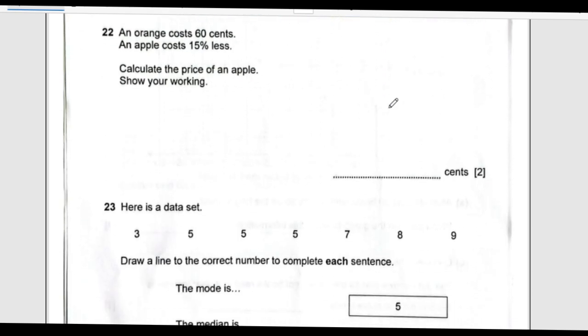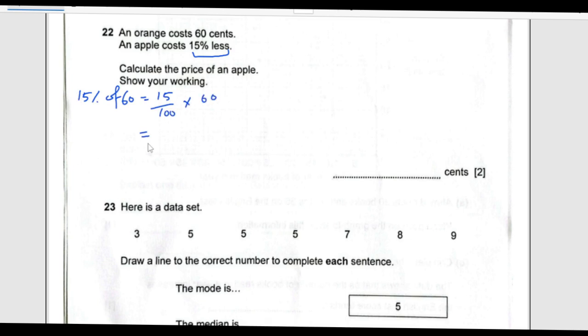An orange costs 60 cents, an apple costs 15% less. Calculate the price of an apple, right? So what we can do, first of all, we will find out 15% of 60, which is 15 over 100 times 60.